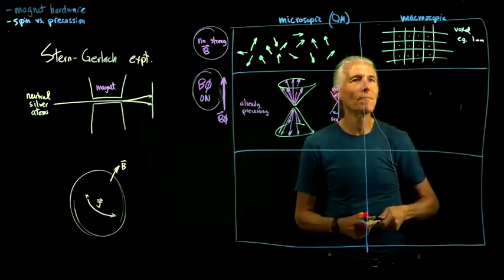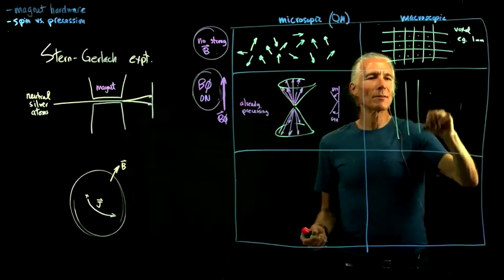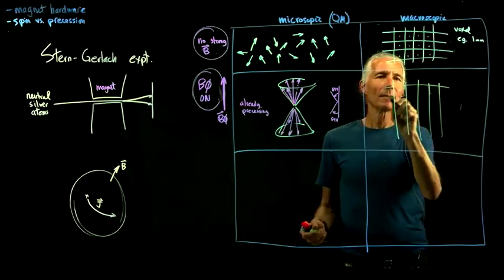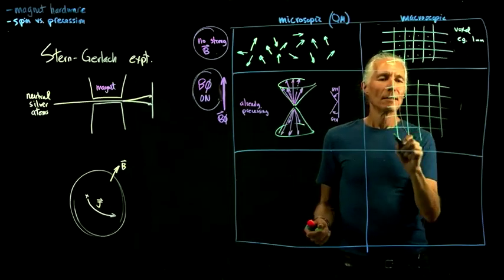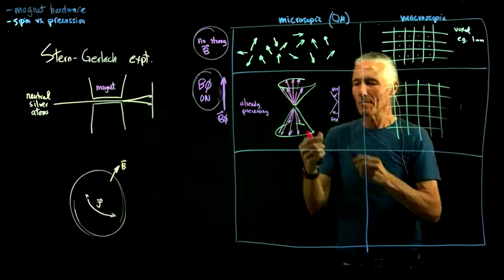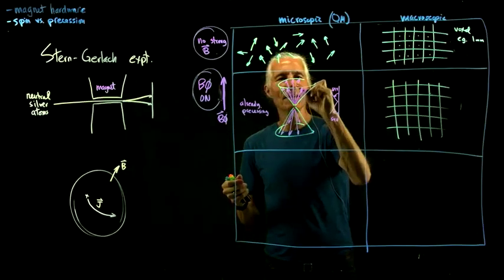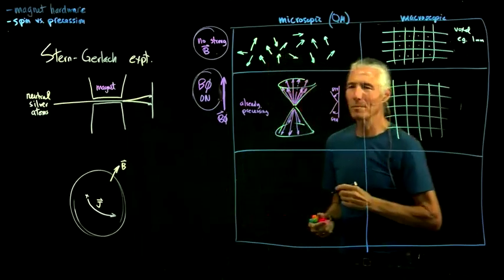And so if we zoom out to the macroscopic level and add up all those vectors, there's slightly more of them pointing up. Let's make a couple extra here so it seems like there's more pointing up, even though it's only a couple parts per million.